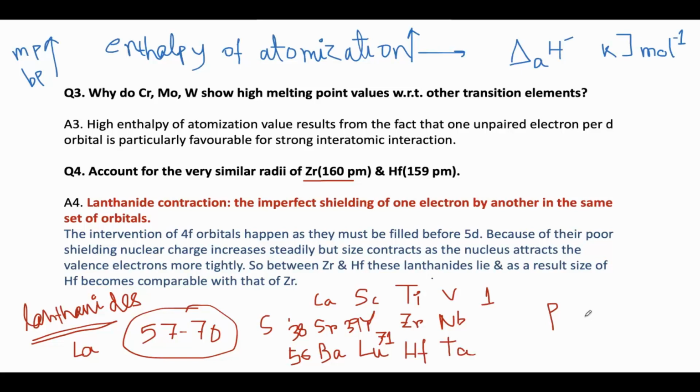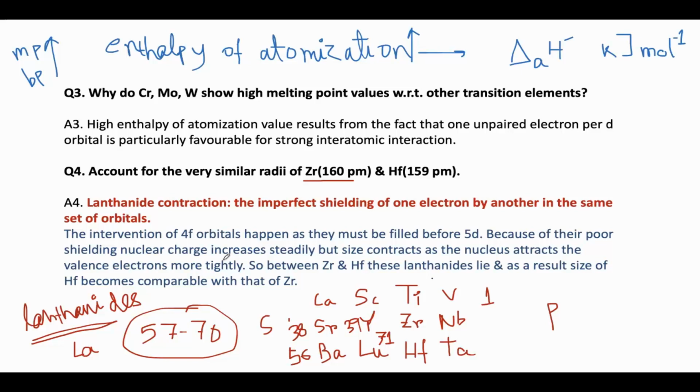Now what happens in the case of the lanthanides? In the case of lanthanides, the 4f electrons come into the picture. Now we will read this first. The intervention of 4f orbitals happens as they must be filled before 5d. Because of their poor shielding, nuclear charge increases steadily, but size contracts as the nucleus attracts the valence electrons more tightly.